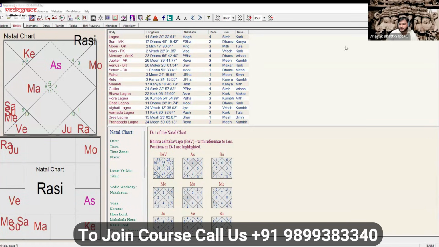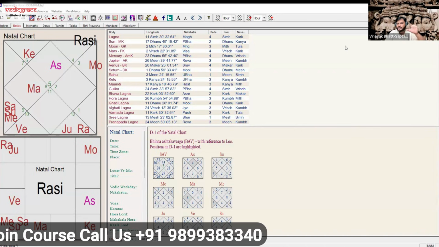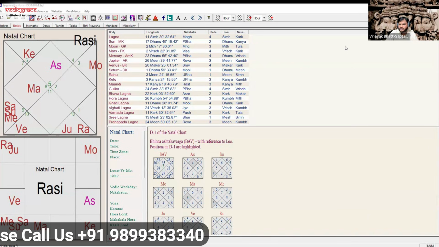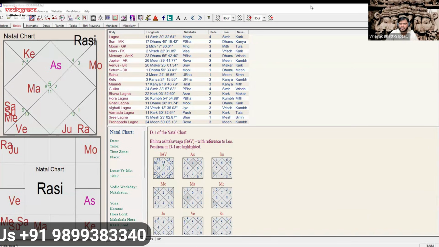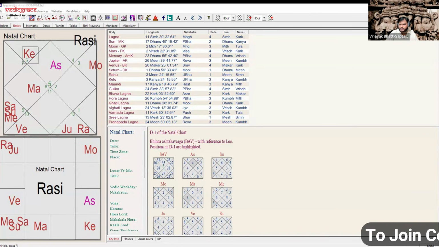This is the definition. Now this definition is a little bit wrong in itself. Understand this logic: this whole combination is driven by Ketu, not by Rahu.